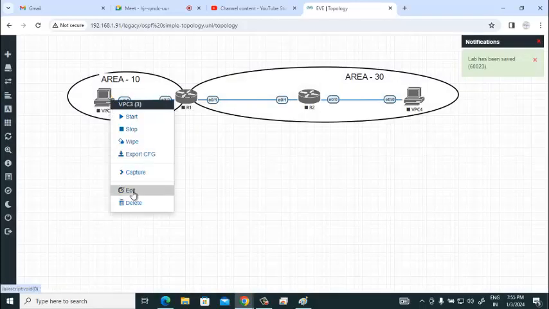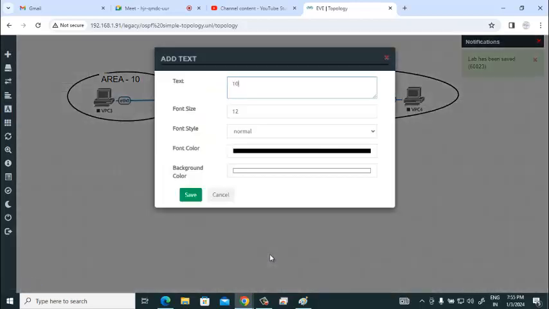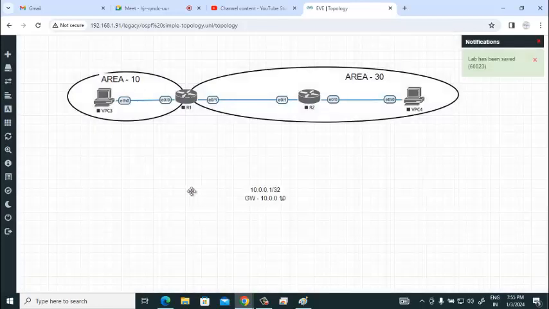Let me go on. 10.0.0.1/32. And the gateway is going to be the router's address. I want it to be 10.0.0.10. That will be on the router side. Likewise, on the remote side, I'm going to have 30.